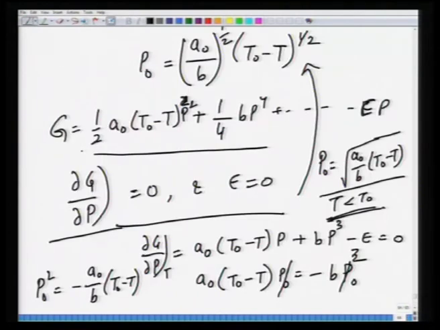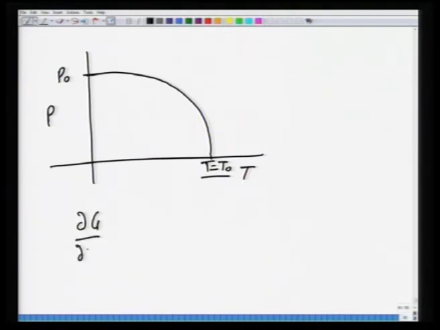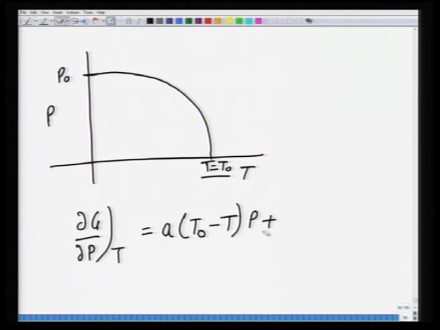Since you know that del G by del P was equal to A naught into T naught minus T into P, plus ignore the higher order terms, what you will have is minus of E, which is equal to 0, and this is nothing but chi.